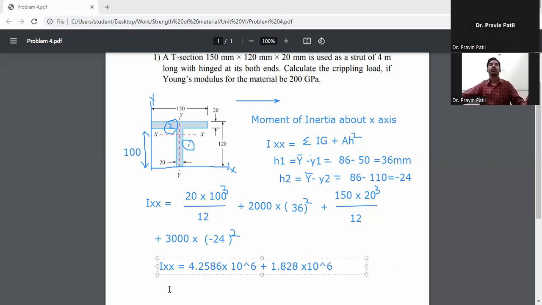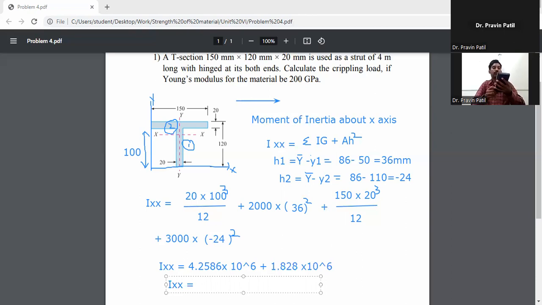So total Ix is equal to 4.2586 into 10 raised to the power 6 plus 1.828 into 10 raised to the power 6.